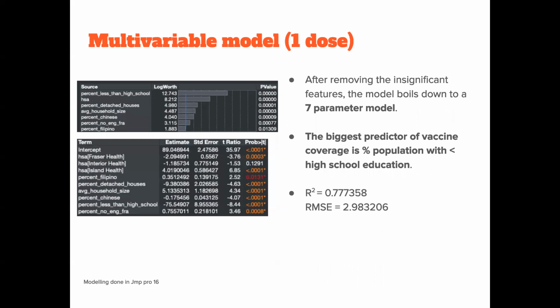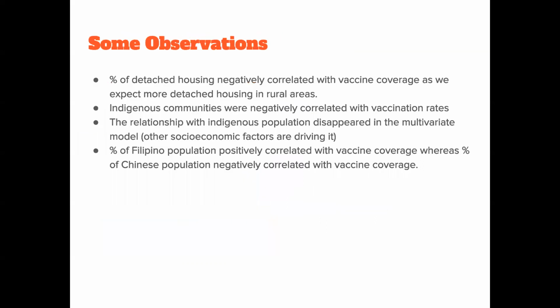After removing some insignificant features, the model was reduced to a 7-parameter model. The biggest predictor of vaccine coverage was the percentage of population with less than a complete high school education. That model received an R-squared value of, again, almost 0.78 and an RMSE of 2.98.